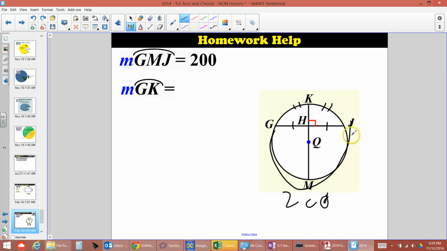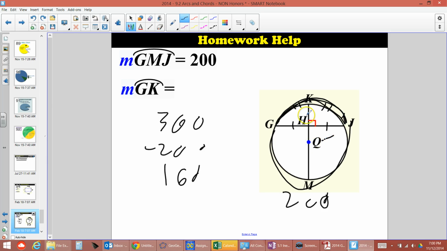Well, if this whole thing is 200, then I have 360 minus 200, so I have 160 degrees left for all the way GKJ. All of that is 160. But since I know that these two pieces are equal to each other, I can divide that by 2 and say that GK is 80 degrees. And that goes right there.